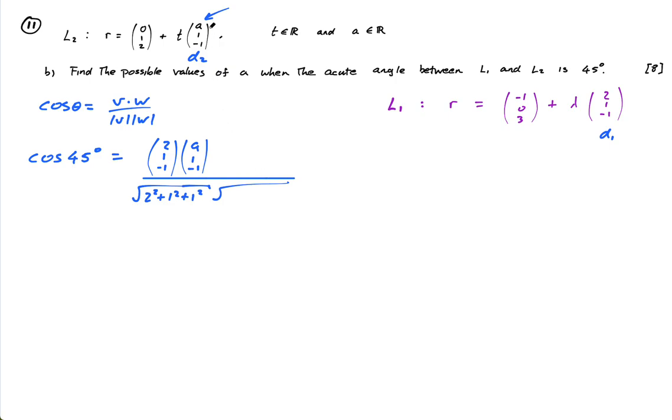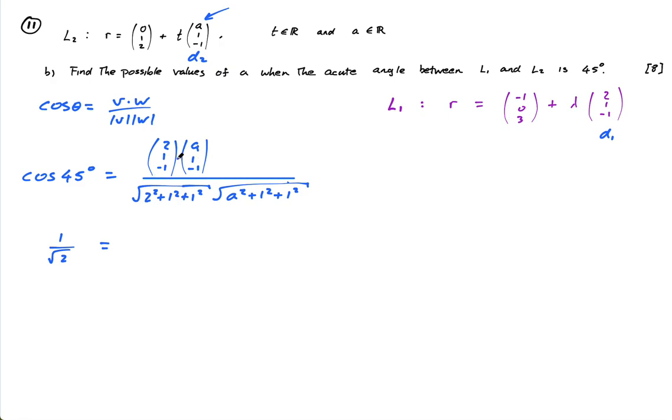I get another one: a squared plus 1 squared plus 1 squared. Now, I know what the cos of 45 degrees is, and you should too. It is 1 over root 2, or root 2 over 2 if you prefer, but it's the same thing.